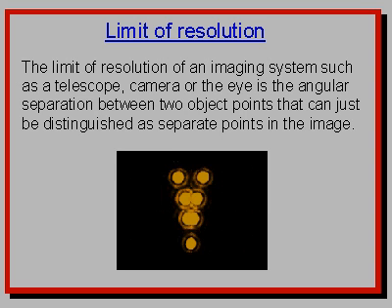The limit of resolution is defined to be the linear or angular separation between two object points that can just be distinguished as separate points in the image. For an astronomical telescope looking at stars, it is easy to think of the limit of resolution as the angular separation between two stars which are just resolved in the image.